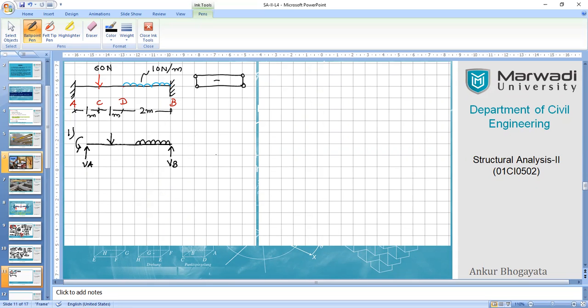And these are the reactive moments, support moments, fixed moments, whatever you want to call them. Let's say MA and MB. And of course, you have the values with you so that you can add them over here. You have the distances, 1 meter, 1 meter, and 2 meter.